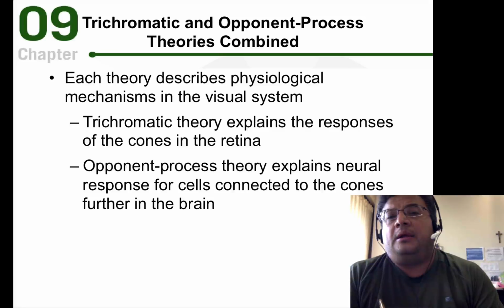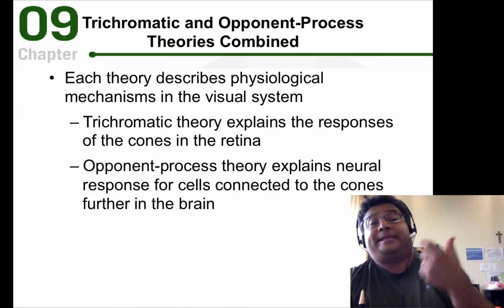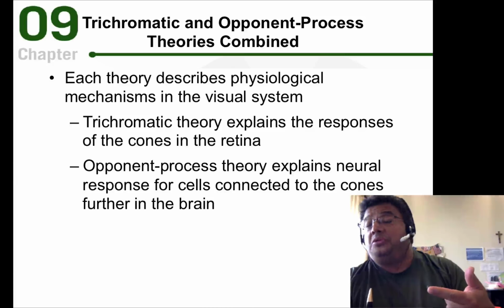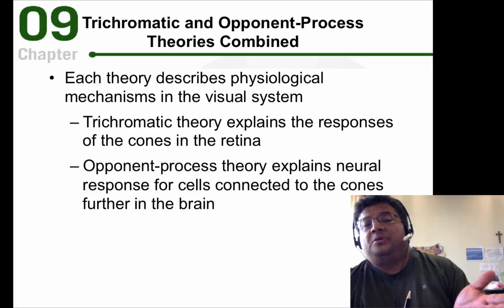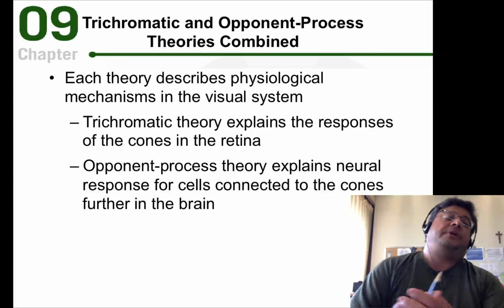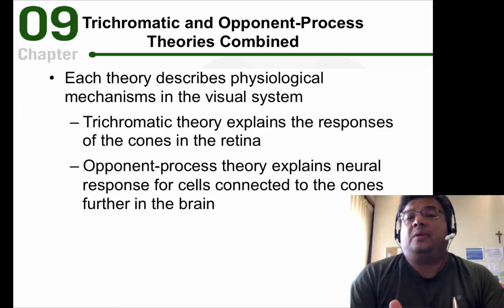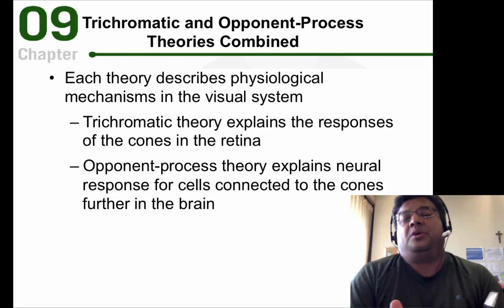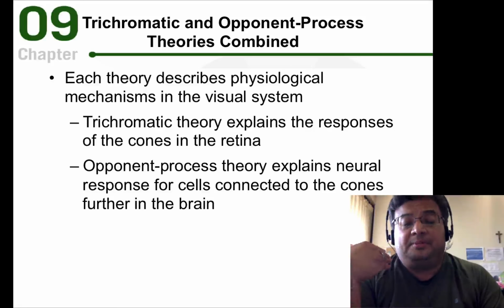On the other hand, the opponent process theory explains how some of the processing happens after the cone. So the cones feed other neurons in this chain of neurons that ultimately leads into your brain. And so one of the thoughts is that the opponent process theory may help us to understand how the logic works in the processing of information that comes out of the cones.